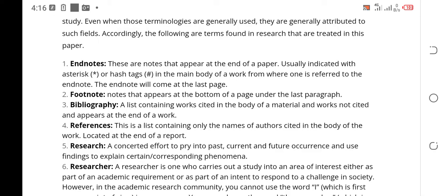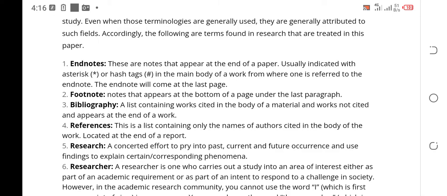While reading the page, you would be seeing an asterisk or some marks, either asterisk, hashtag, or some other signs. Then when you go to the bottom, you will see that there is an asterisk there indicating information about that particular page.